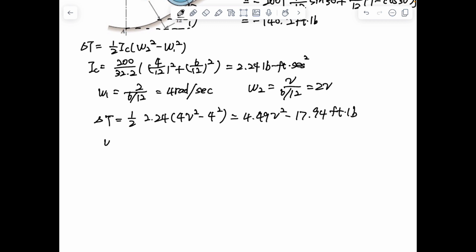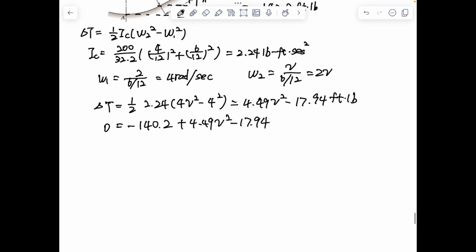Then 0 is equal to negative 140.2 plus 4.49 V squared minus 17.94. Then we will have V squared is equal to 35.3 and V is equal to 5.94 feet per second.